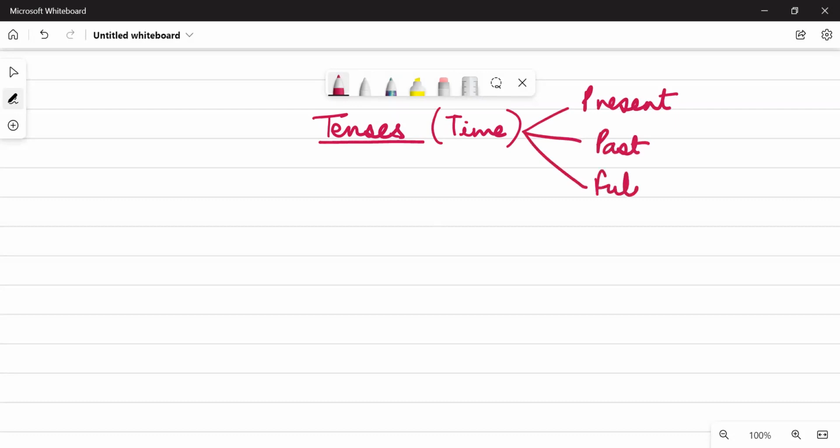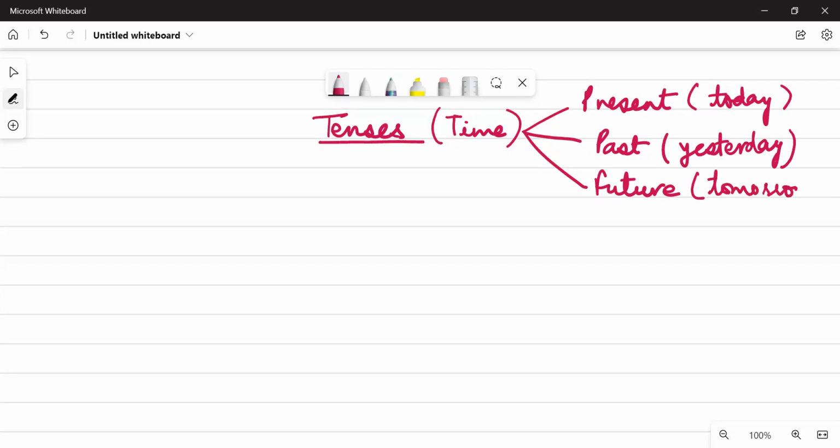In these three types of tenses, when we talk about present, we can always say today. Today is for present. Yesterday is for past, meaning the time that is gone. And future, which is yet to come, like tomorrow. Right? So you can understand by the use of today, yesterday, and tomorrow what present, past, and future time are.